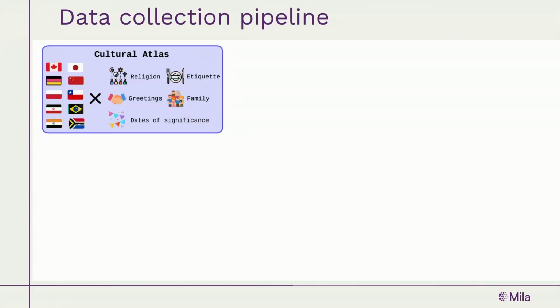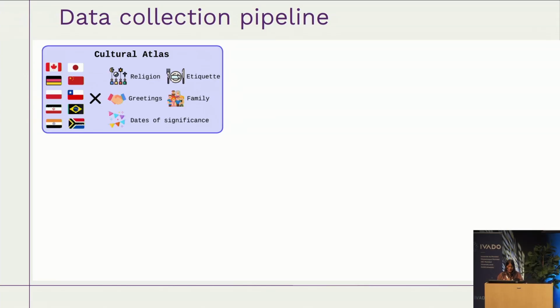So basically, we wanted to have this comprehensive evaluation with respect to both explicit and implicit elements, and we built a very thorough data collection pipeline for that. So first, we decided that we are going to work with these cultural categories: religion, greetings, family, etiquette, dates of significance, and so on. And Cultural Atlas is a repository which tells you what are some norms for each of these different categories for a bunch of different countries.